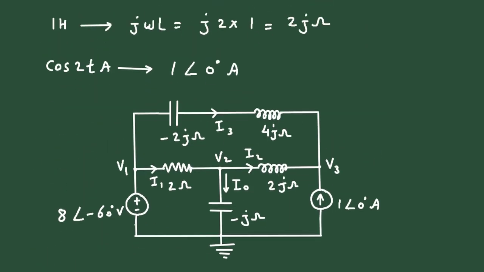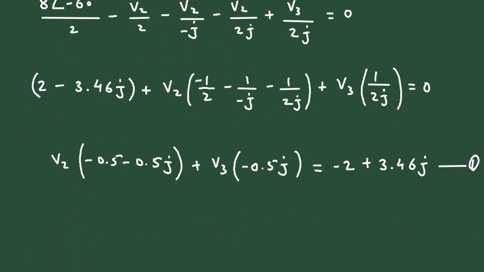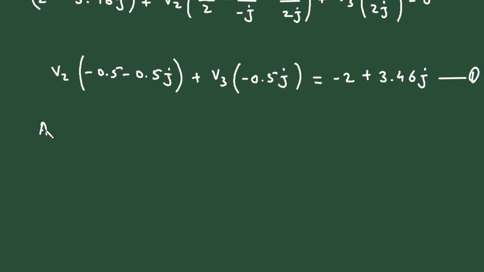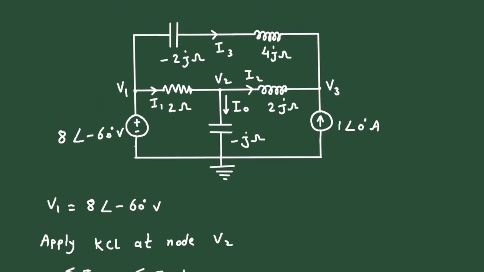Next we will apply KCL at node V3. Now according to Kirchhoff current law, summation of all the currents entering a node is equal to summation of all the currents leaving the node.